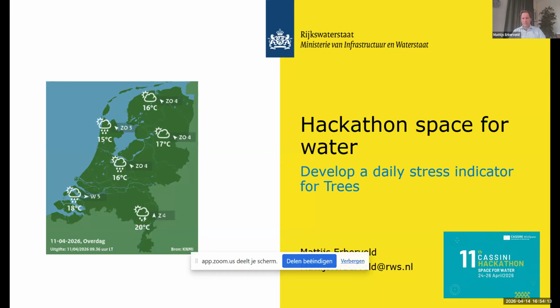One of those parts is that we have yearly monitoring, a lot of it in all kinds of reports. The hackathon question is to make a daily monitoring form. One of the ideas is to take a tree. That is what I'm focusing on for these few minutes: to build a dashboard which can indicate if a tree has stress.